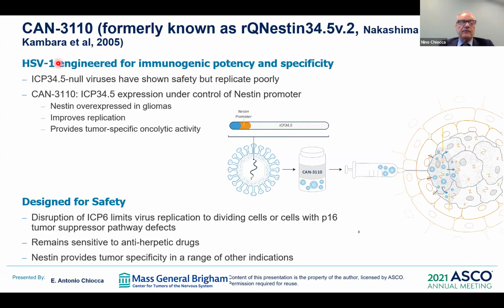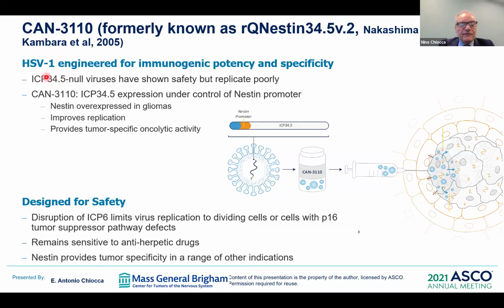And so a number of different HSV1s have been engineered for cancer therapy. The gene that causes hemorrhagic encephalitis is called ICP34.5. Therefore, all of the HSV1s that have been in clinical trials, and also the one that has actually been approved by the FDA for treatment in melanoma, not GBM, lack this gene because of concerns about toxicity.